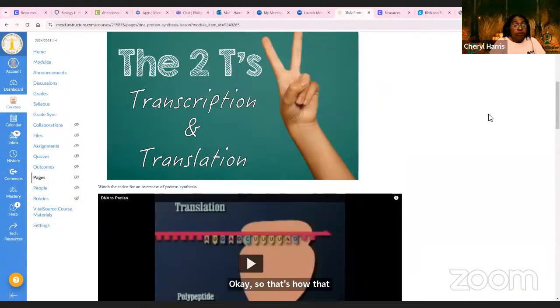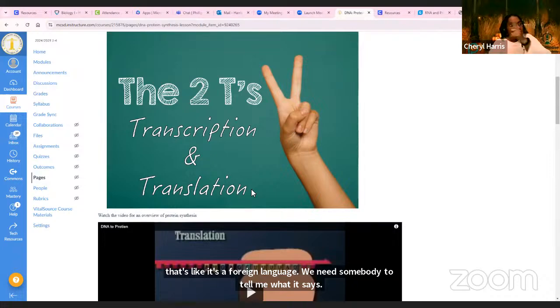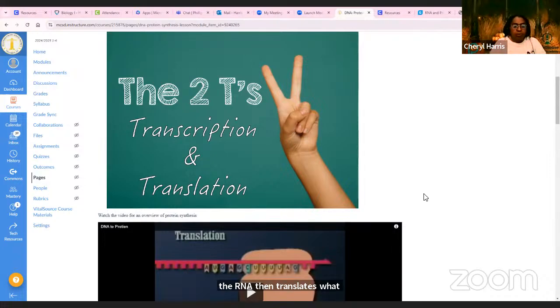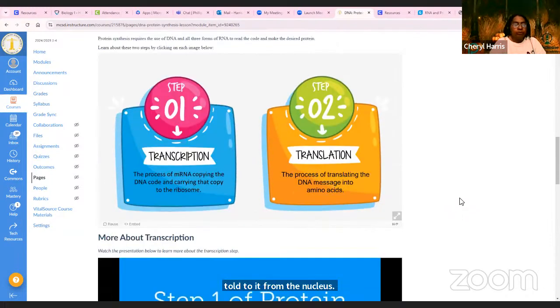So our 2 words: transcription, that happens in the nucleus, that's reading the DNA. Translation happens in the ribosomes, and that's our RNA translating. That's like a foreign language. We need somebody to tell me what it says. The RNA then translates what was told to it from the nucleus. Okay. All right. So know these 2.